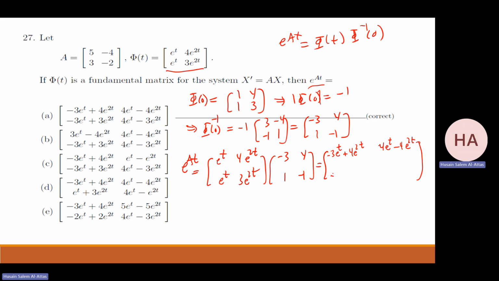Now this is minus 3 e to t plus 3 e to t, and then I have 4 e to t minus 3 e to t, which is this answer. So honestly, 4 minus 4, minus 3, 3, 4 minus 3. Okay.